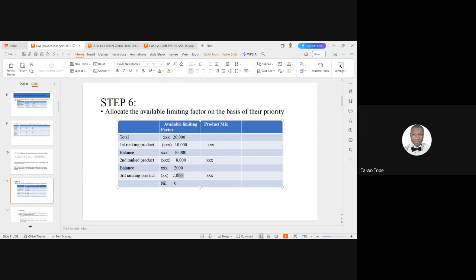The best you can produce using this resource will come as the optimum output. Is this clear? Before we pick an example, we'll start with this very simple example. Then we'll now move to more complex one.